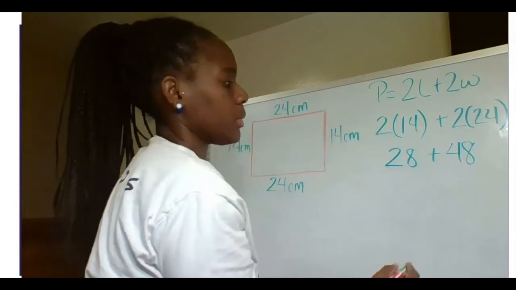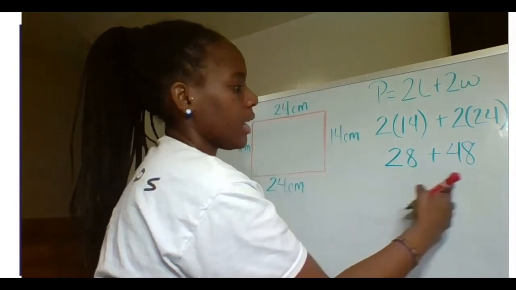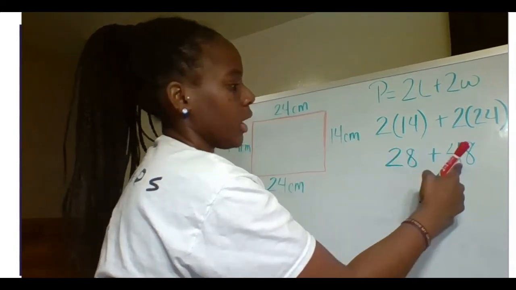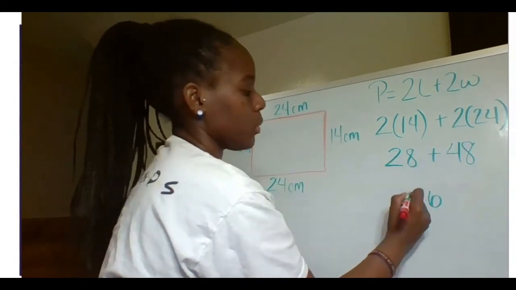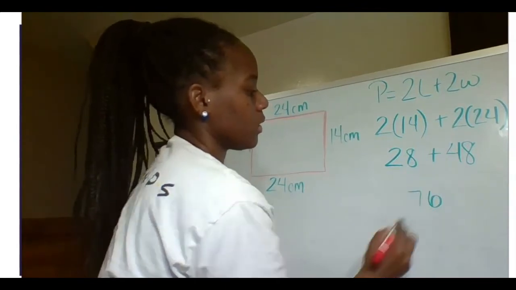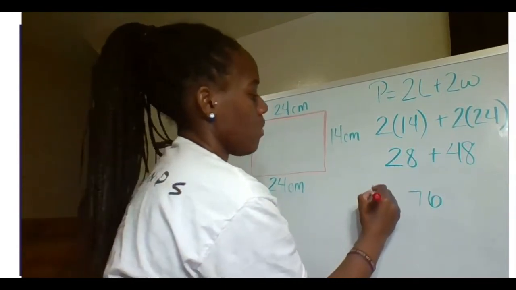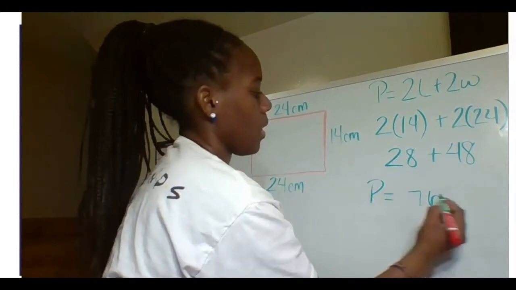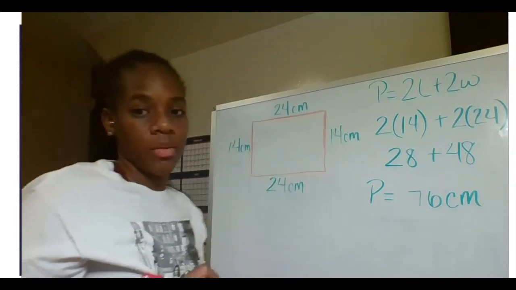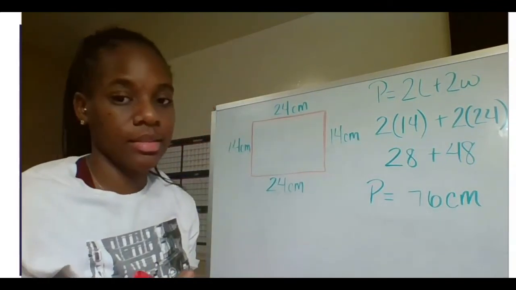Then we add them together. 8 and 8 gives us 16. 2 and 4 gives us 6, plus 1, which was 7. So for a total of 76 centimeters.